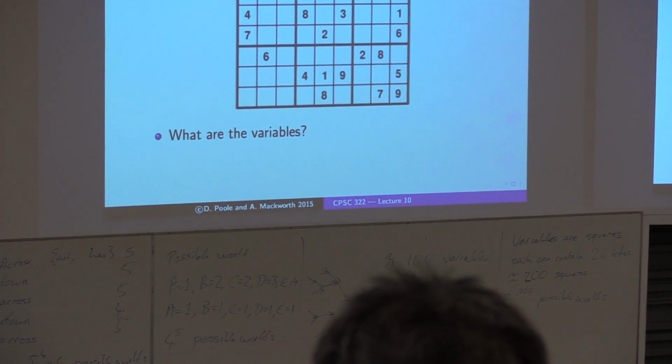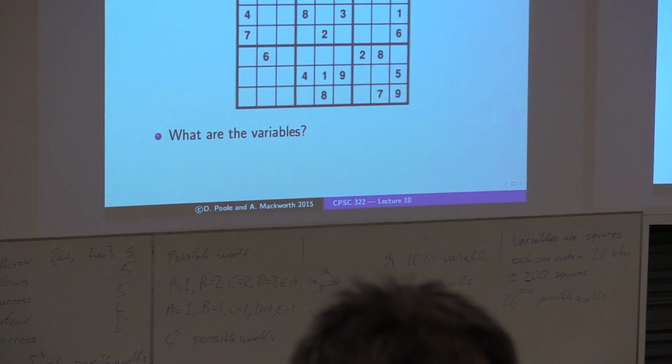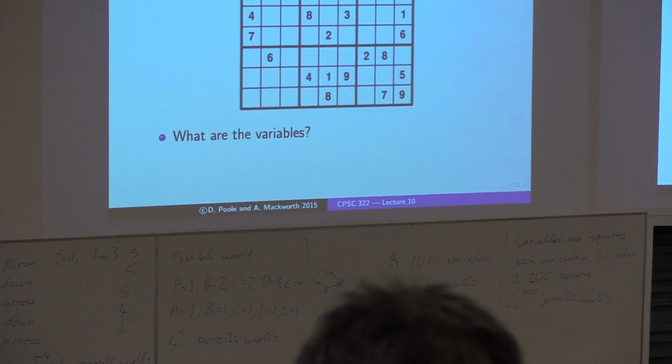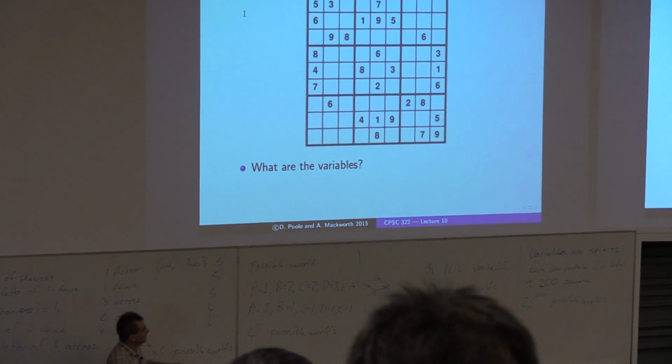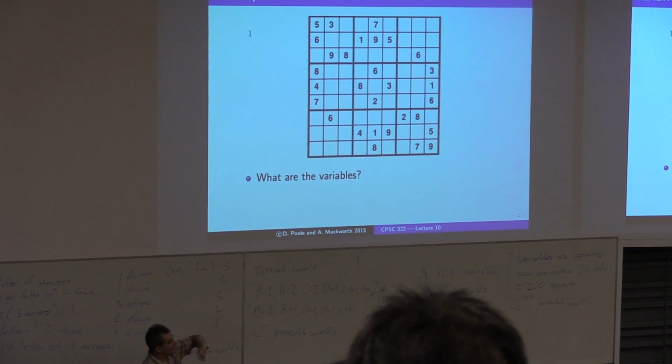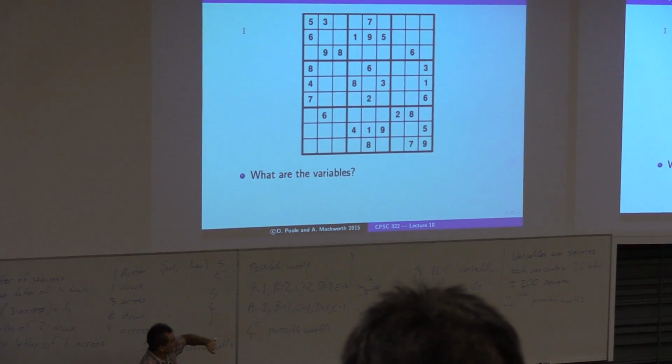Who knows how Sudoku works? Who doesn't know how Sudoku works? Couple. So in here, we're going to solve a Sudoku problem. On the next assignment, we'll actually get you to solve a Sudoku problem. So what are the variables in here?